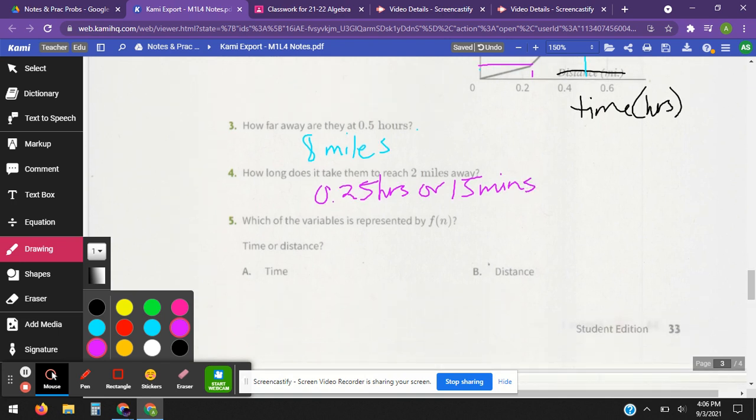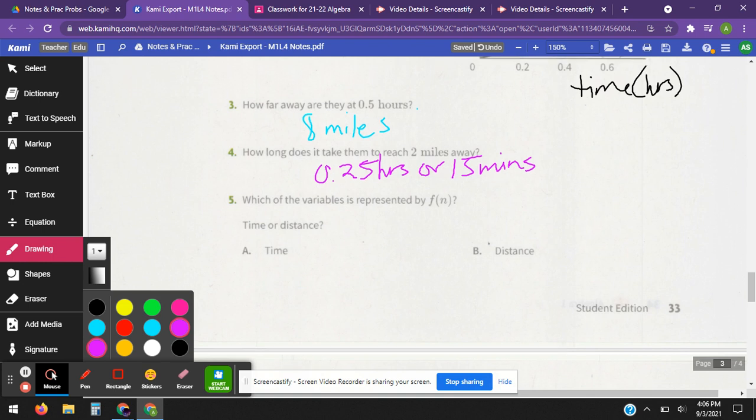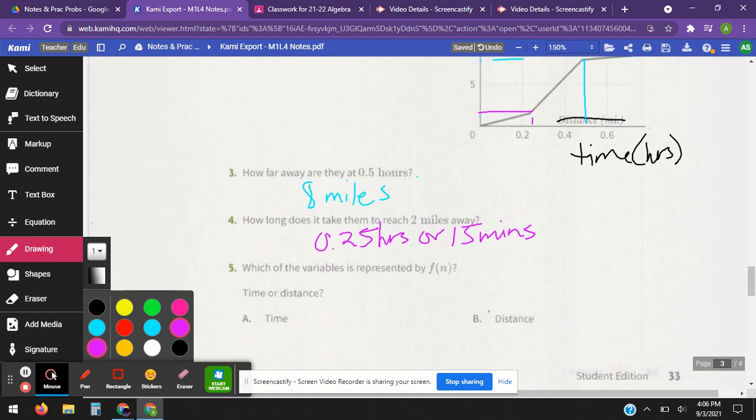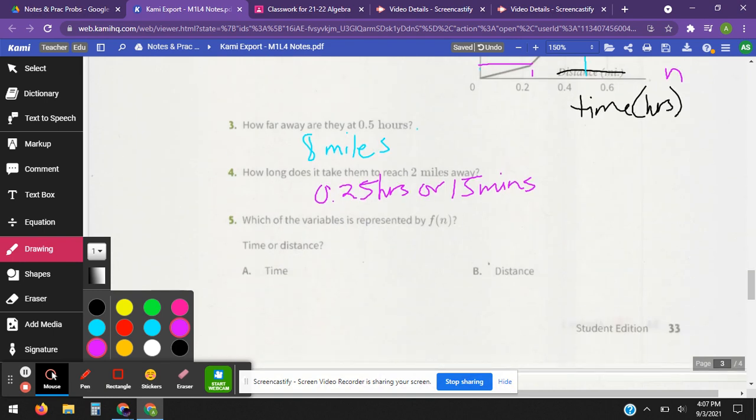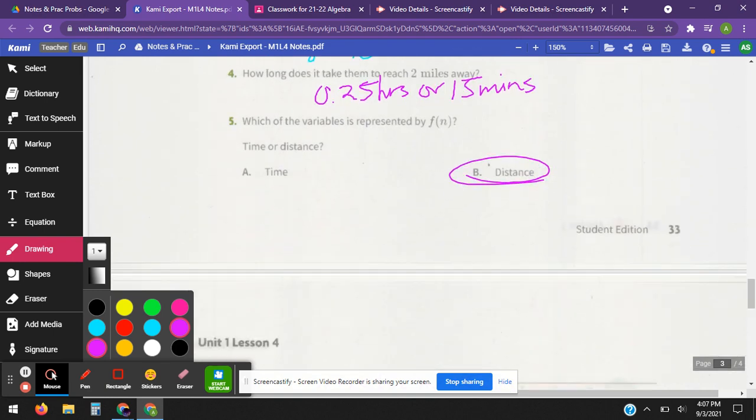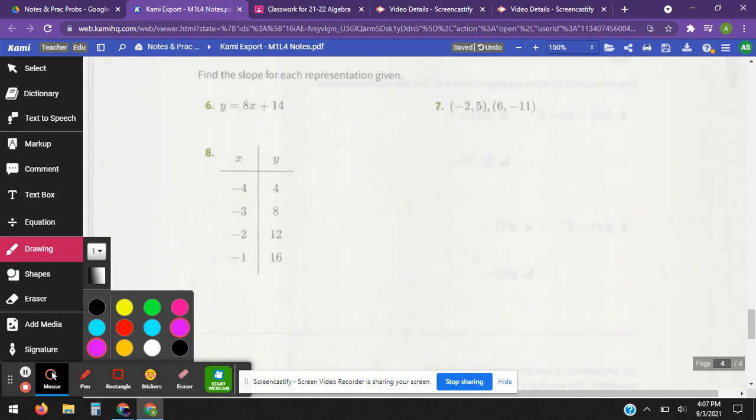Which of the variables is represented by f of n? I think their labels are wrong, just the way they were doing this. So, time or distance. This is going to be your n, this is going to be your f of n, so our distance right here. All right, a couple more.